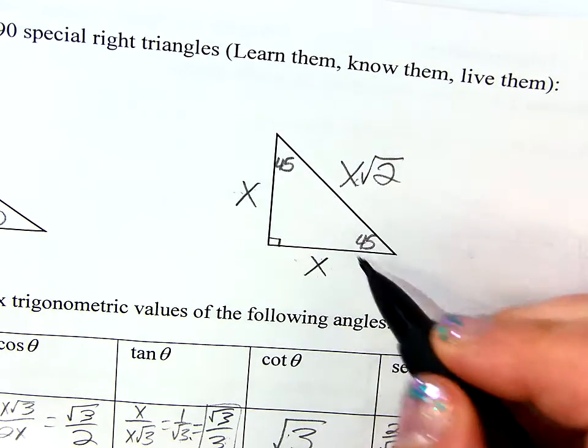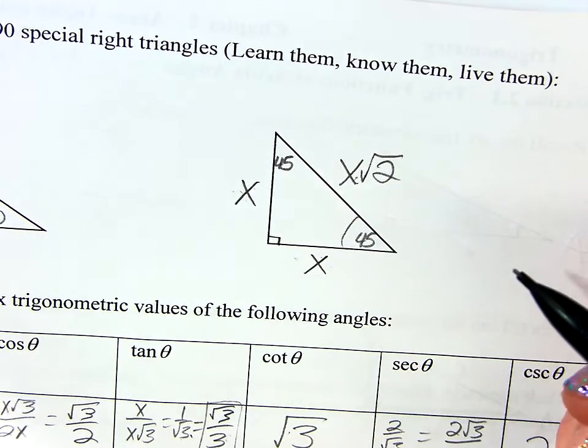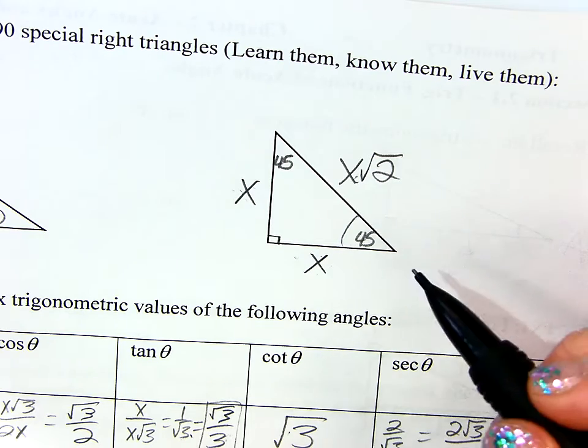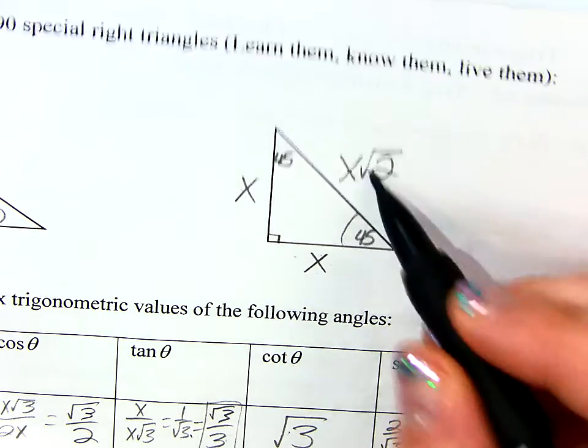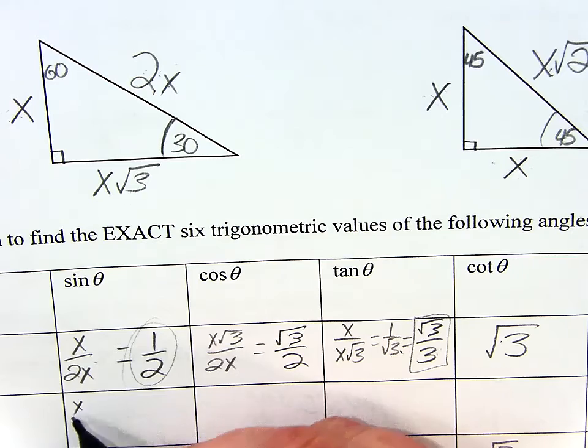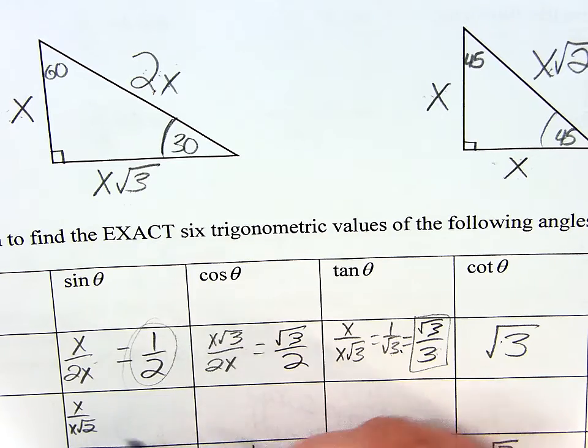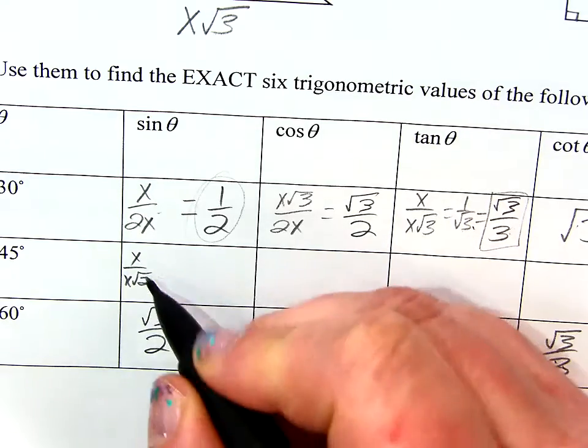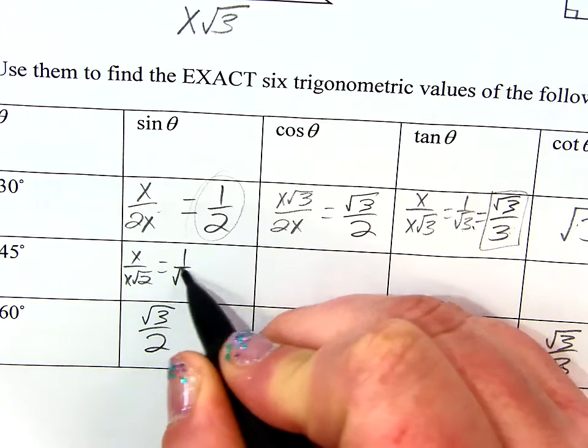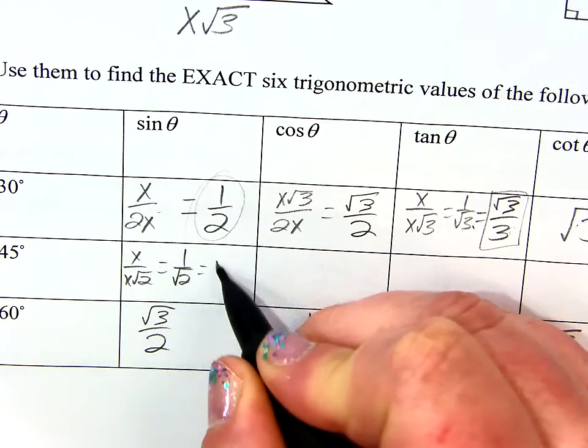Now, which one are you going to choose? It doesn't matter. Either of the 45s. Opposite over hypotenuse would be x over x root 2. So simplify that. You get 1 over root 2. Simplify that. Root 2 over 2.